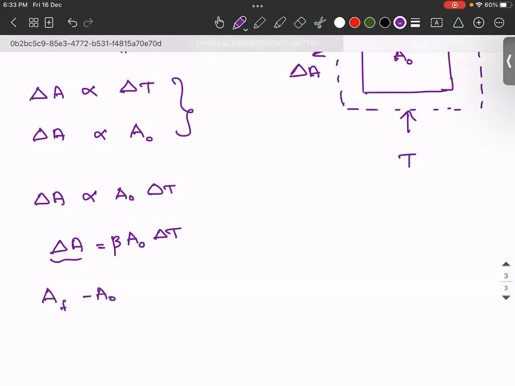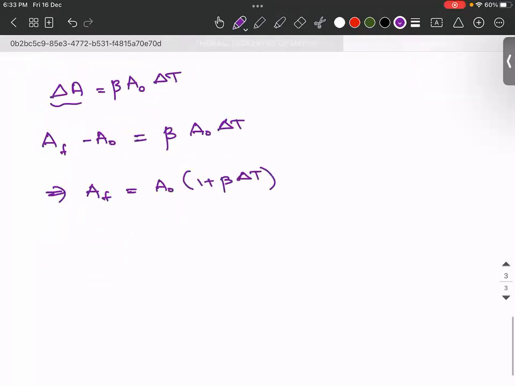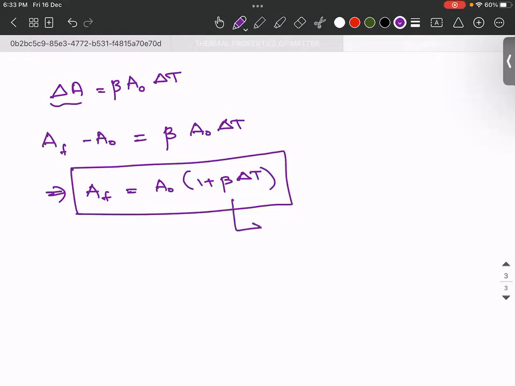It is A final minus A naught, which is equal to beta into A naught into delta T. So what is going to be the value of A final? A final will be equal to A naught into 1 plus beta into delta T, right? So this is going to be the final area of the object, and this beta is called the coefficient of superficial expansion.